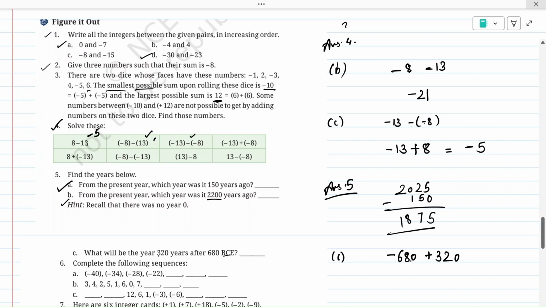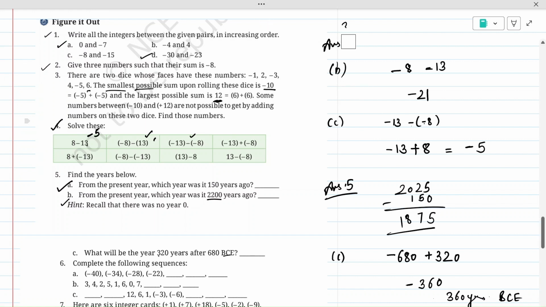So this will give us this minus this 0, 8 minus 2 is 6, 6 minus 3 is 3. And again, since the bigger number has the negative sign, we'll get a negative sign here. So that means this is 360 years BCE only. Okay, because we are getting it in negative. Okay, so this is how we have to do this question.